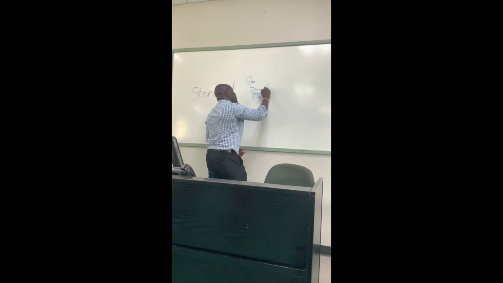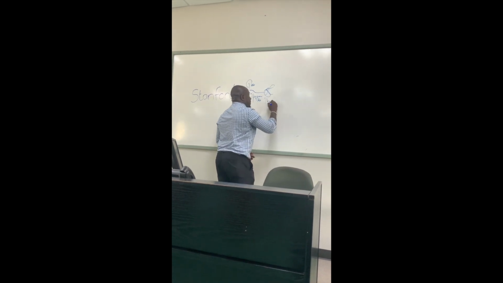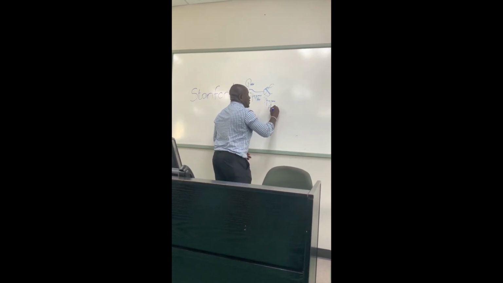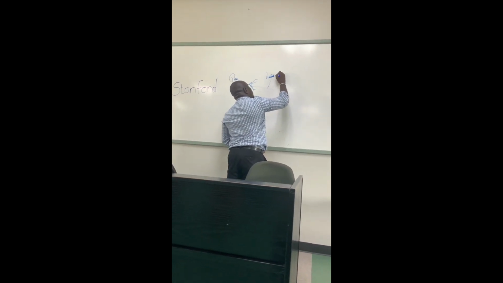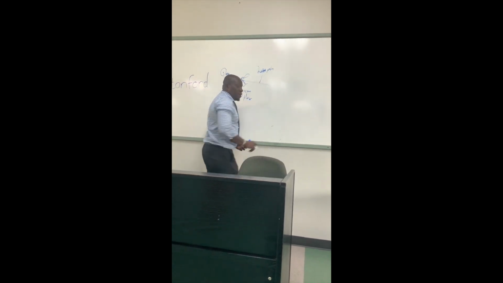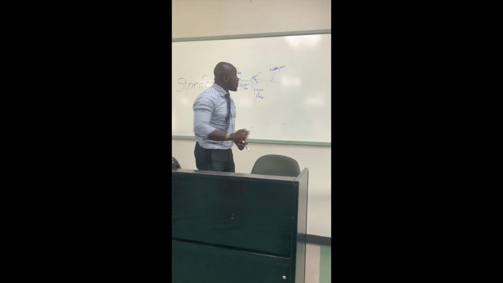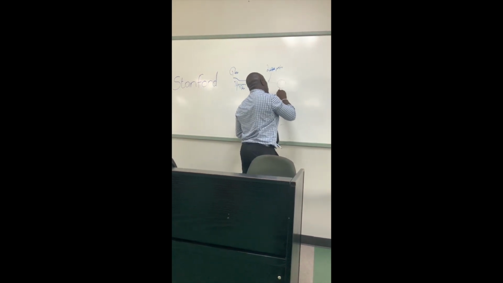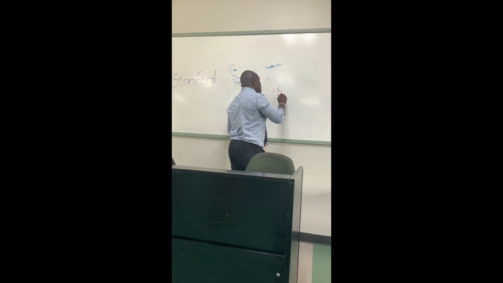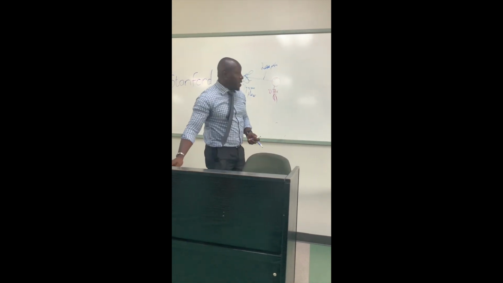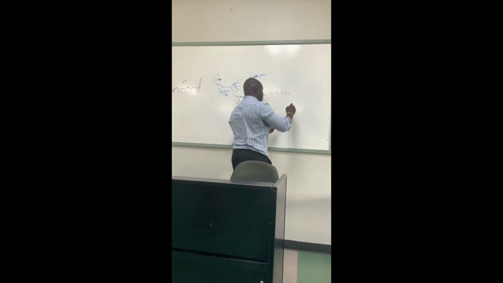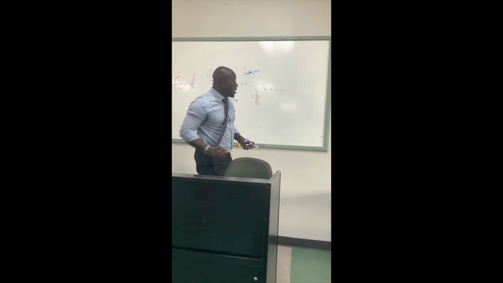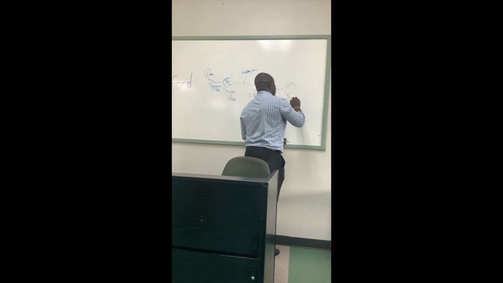tympanic branch, which goes into your tympanic plexus, which gives rise to a lesser petrosal nerve. That lesser petrosal nerve synapses at my where? Otic ganglion, where it's carried by my auriculotemporal to my where? Parotid gland. Alright?